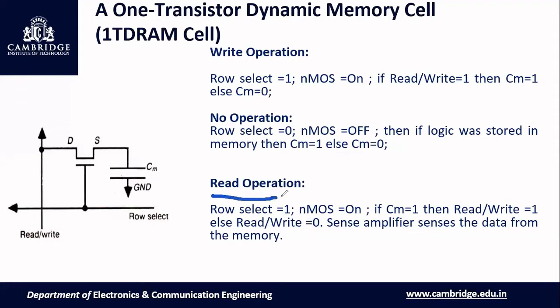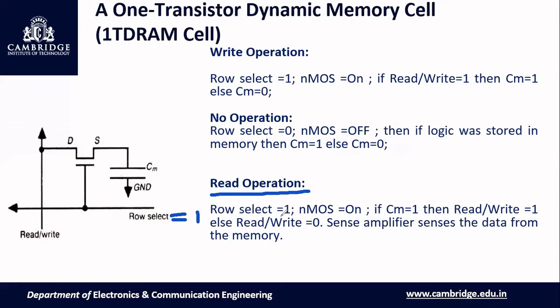Next, we'll perform the read operation. Whatever data we had stored in this capacitor, that should be read. For the read operation, again, I'll make row select as 1.